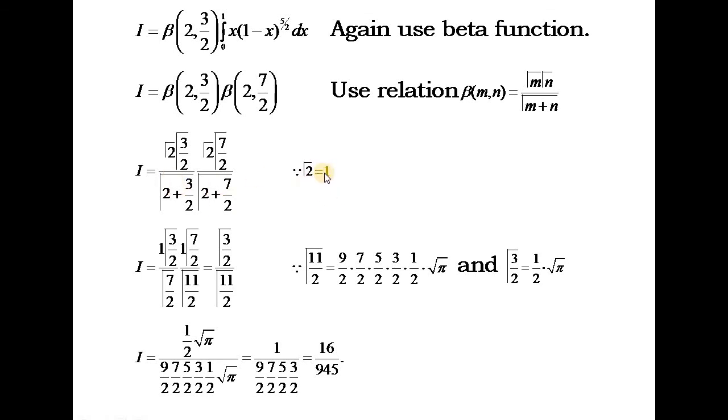Gamma 2 is 1, and gamma 3 by 2 and gamma 7 by 2 as they are. 2 plus 3 by 2 is 7 by 2, and 2 plus 7 by 2 is 11 by 2. The gamma 7 by 2 cancels, and again use the result: gamma 11 by 2 is 9 by 2 into 7 by 2, 5 by 2, 3 by 2, 1 by 2 root pi, and gamma 3 by 2 is 1 by 2 into root pi.